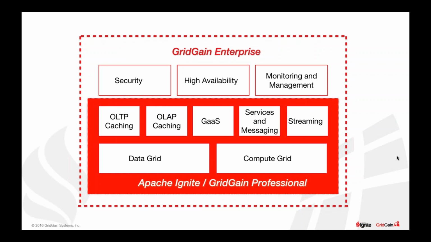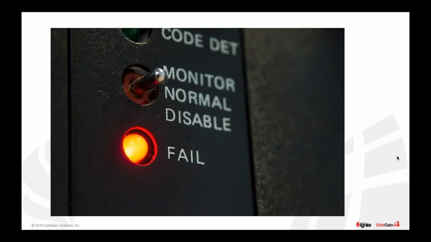We also offer network segmentation, remediation and identification, and rolling upgrades. But probably the superstar of the enterprise feature set is multi-data center replication. So that is the quick version of Apache Ignite, GridGain Professional, and GridGain Enterprise.